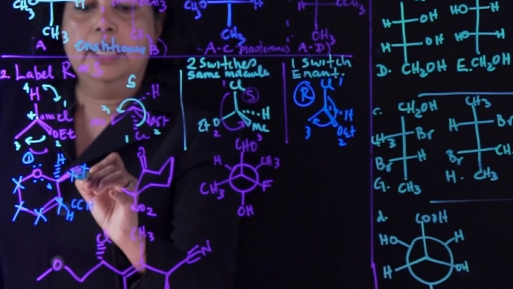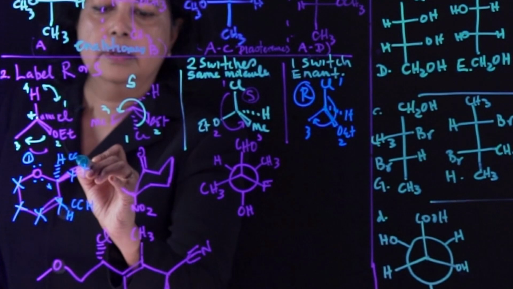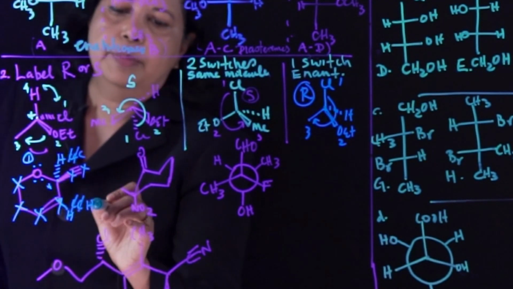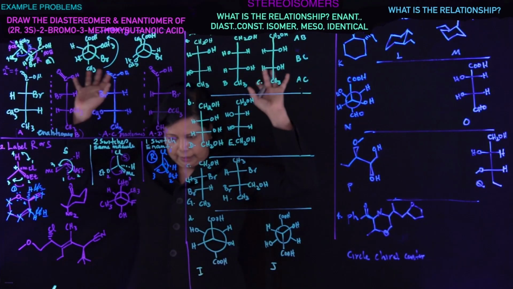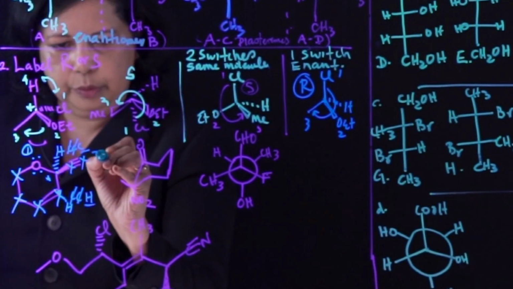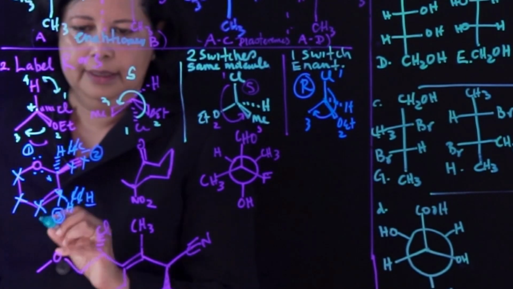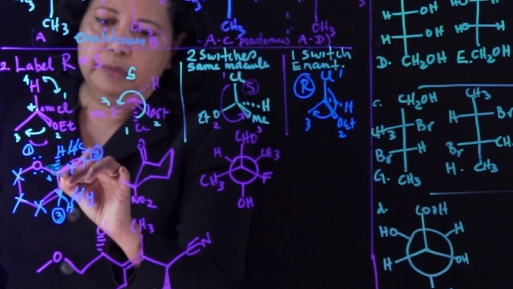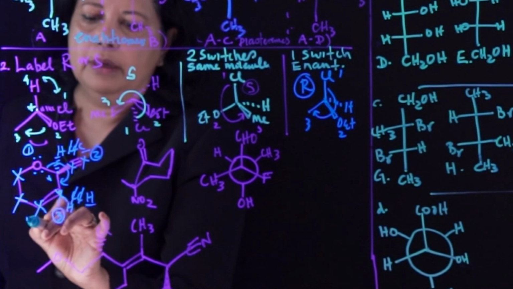If you go to the right, this carbon is connected to carbon, carbon, and a carbon. Well, these are the same carbon, but here, this carbon has higher priority. It's a heavy weight, so you have to give it respect next. And then you can do your alkene. So 1, 2, 3, hydrogen's already away from you, don't have to worry about that. 1, 2, 3 clockwise, this is going to be R.